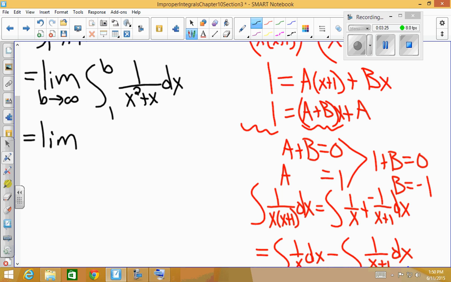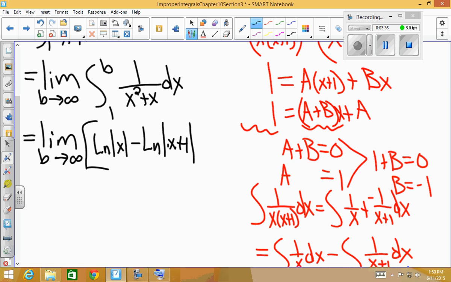Limit as b goes to infinity, natural log absolute value of x minus natural log absolute value of x plus 1, evaluated from 1 to b. Now when you subtract two logarithms, you can actually combine them into one logarithm.